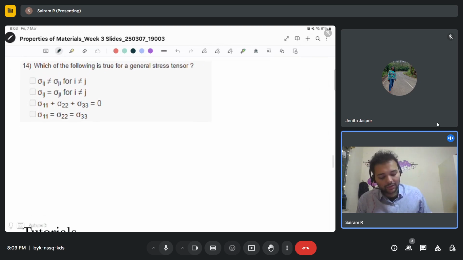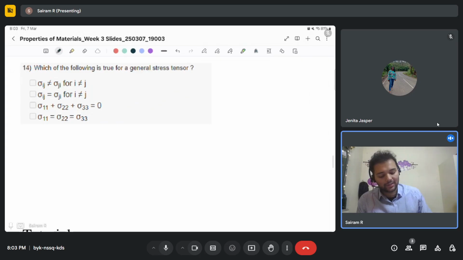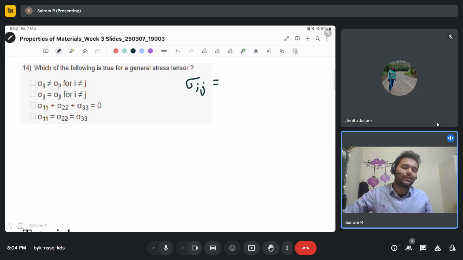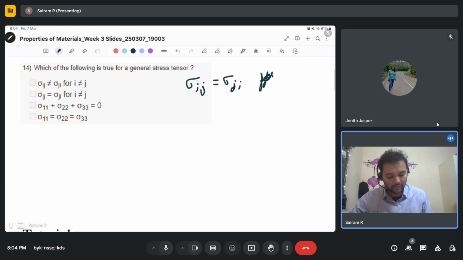Which of the following is true for a general stress tensor? So we know for a general stress tensor, sigma ij equals sigma ji when i not equal to j.